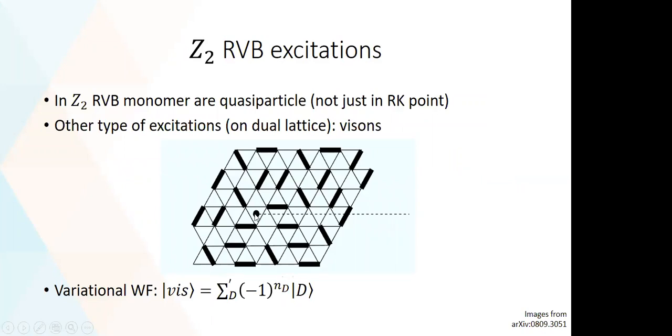The way they can be thought of is as having a line going out of them, and this line needs to end at either the edge of the system or another vison. The ground state will be an equal superposition in a topological sector of the dimers with plus minus signs that correspond to the number of dimers that cross this line.